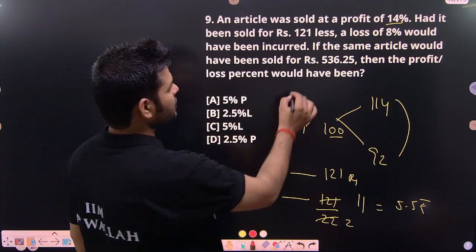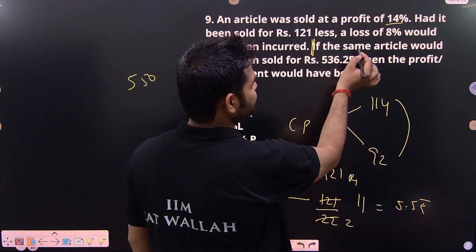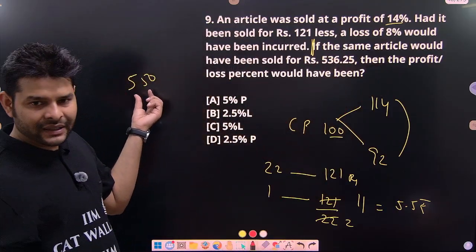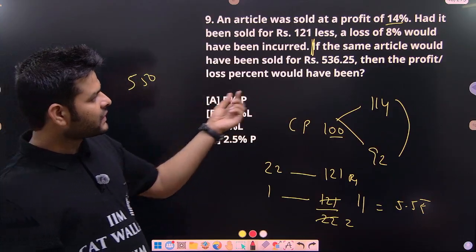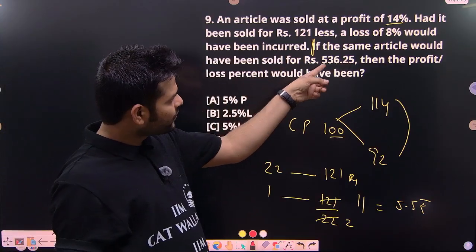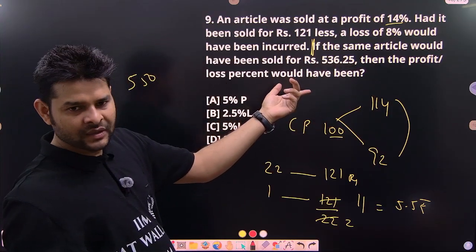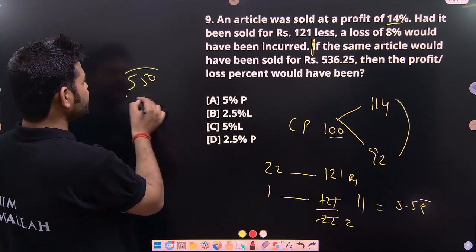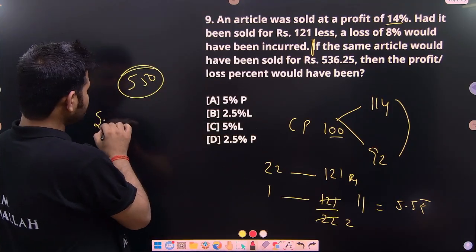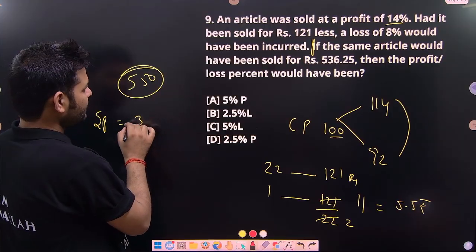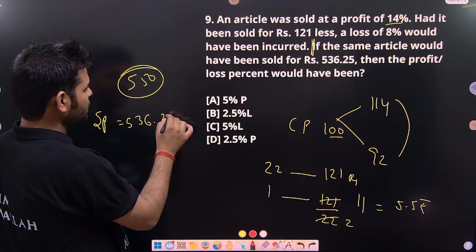Now from here, the question says if that same article would have been sold at rupees this one, then find the profit or loss percentage. So basically, the real CP is this, but SP is 563.625.